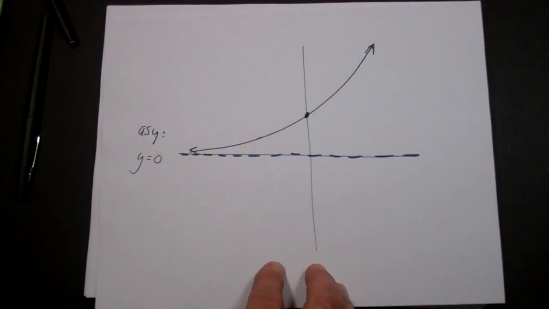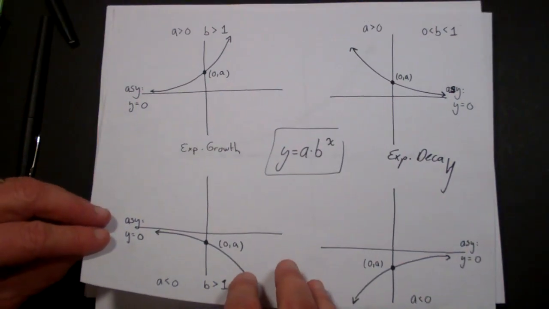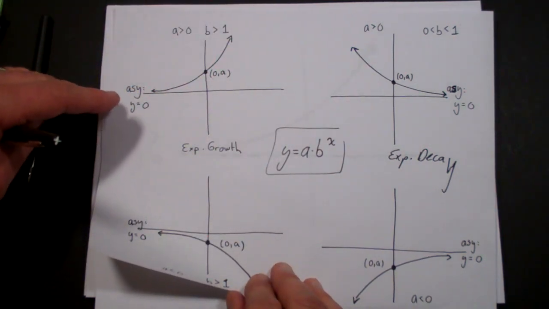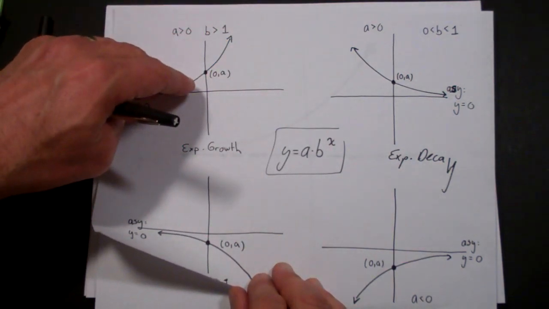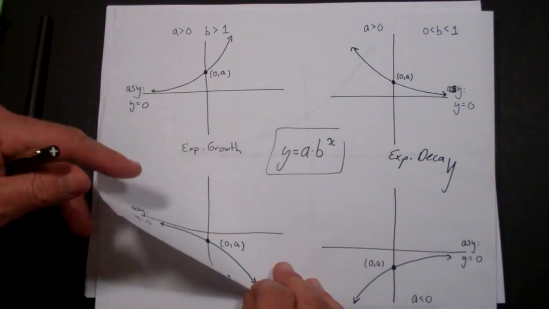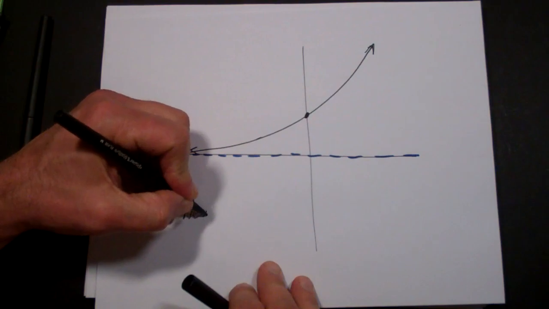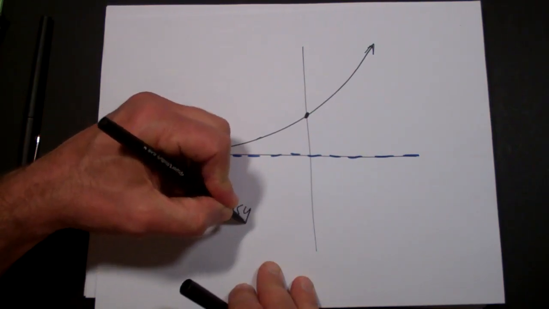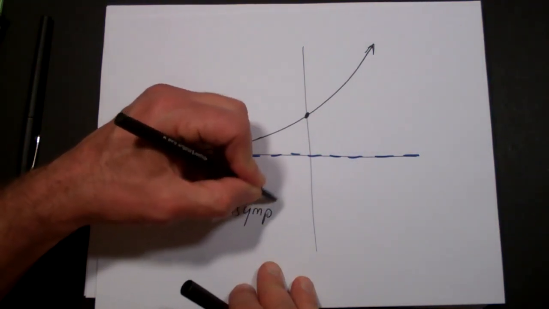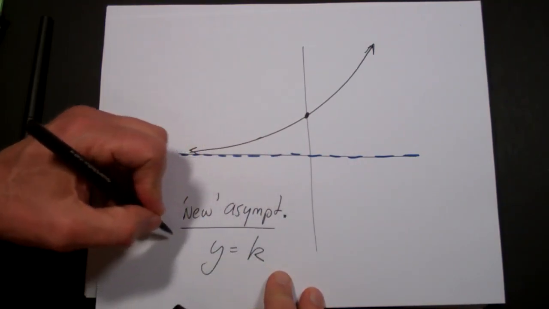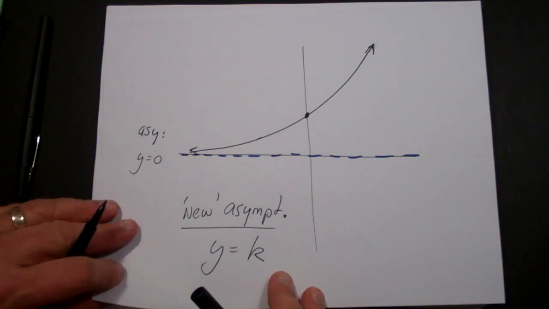So this is actually a pretty easy problem to find the new asymptote. All the asymptotes start at y equals 0. If you shift them left and right, they don't change. They're still y equals 0. But if you shift it up and down, it does. So what we might call the new asymptote, that is the asymptote after you shift it, is going to be simply y is equal to k. And that's a formula that always works.